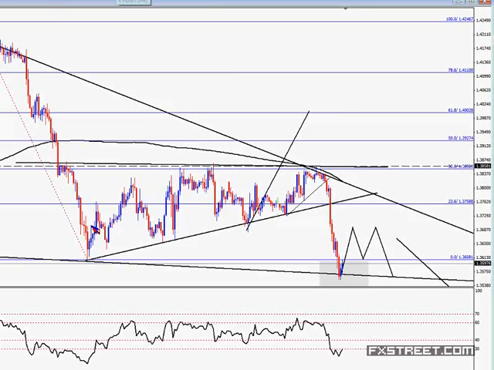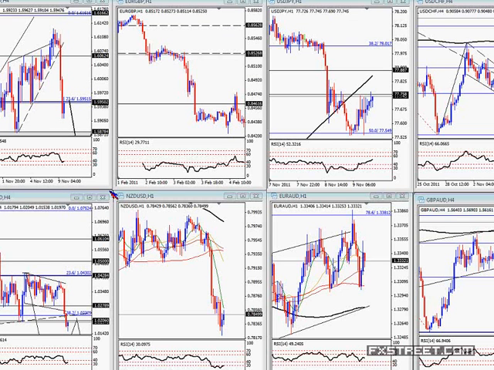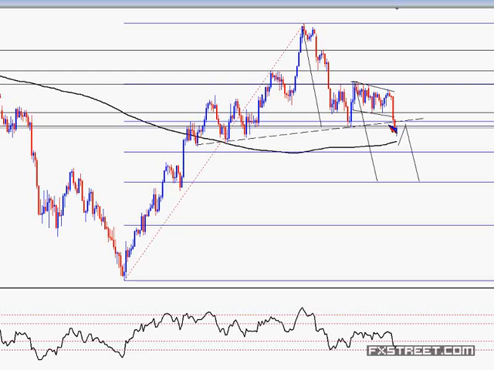Okay, let's move on. So that's what's going on with the Aussie dollar. Aussie dollar is breaking the consolidation low, breaking the November low here. You had a pretty sharp reversal here. After this type of reversal, I would expect one more wave down at least.